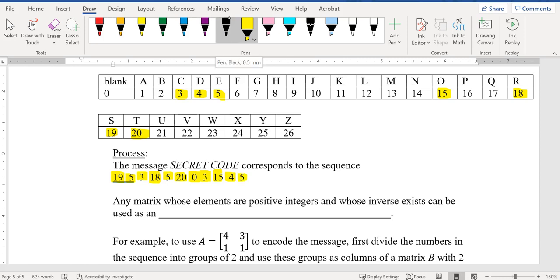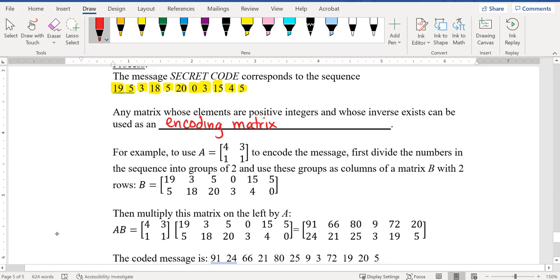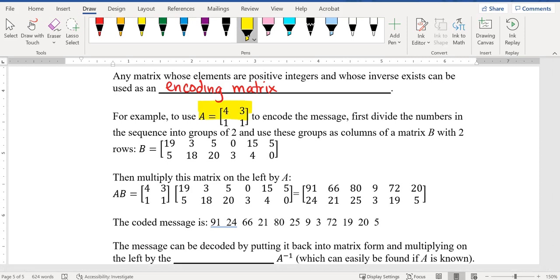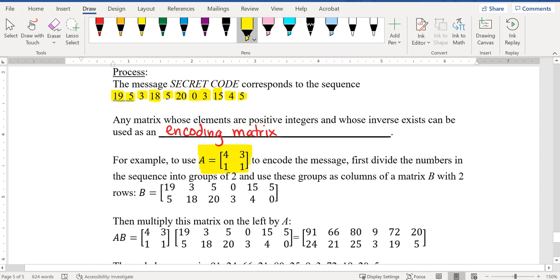Any matrix whose elements are positive integers and whose inverse exists can be used as what we call an encoding matrix. For example, to use this matrix A, 4, 3, 1, 1, to encode the message, first divide the numbers in the sequence into groups of 2 and use these groups as columns of a matrix B with 2 rows.